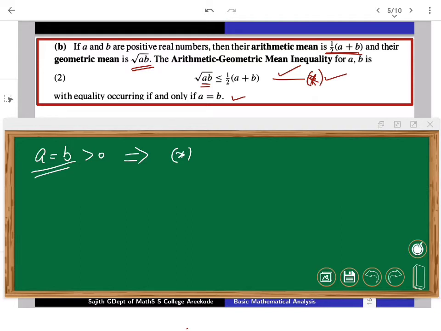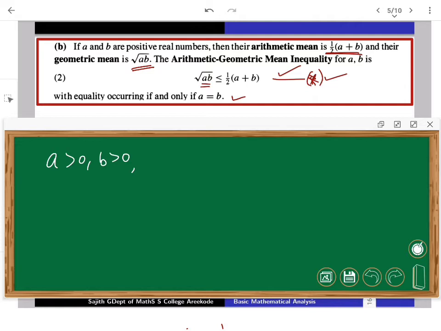Now we have the reverse part also to look at. To complete the proof, a and b are given to be positive, and suppose the equality holds for the star. That part is over.